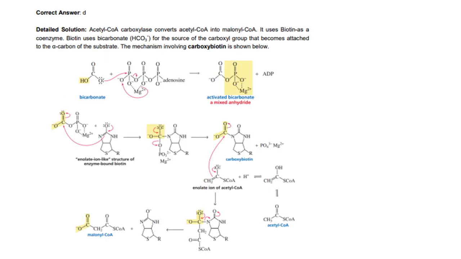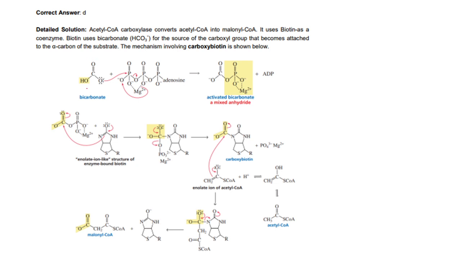So, let's see. Acetyl coenzyme A carboxylase converts acetyl coenzyme A into malonyl coenzyme A. It uses biotin as a coenzyme. Biotin uses bicarbonate, HCO3, as the source of the carboxyl group that becomes attached to the alpha carbon of the substrate. The mechanism involving carboxybiotin is here.